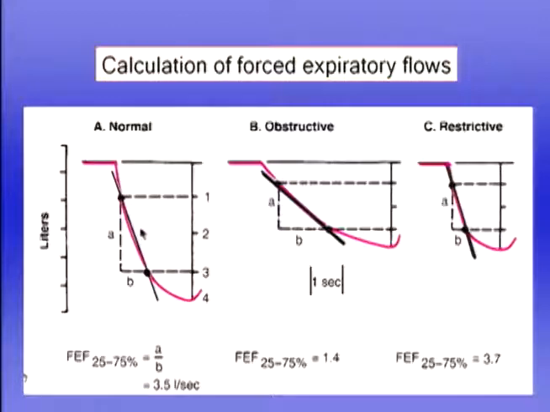And in this example, from a normal subject, you can see that it was about 3.5 liters per second. In obstructive disease, it was considerably reduced at 1.4 liters per second, but in restrictive disease, it was high again at about 3.7, and it turns out that the forced expiratory flows reflect the measurements of FEV1 and FVC quite well.